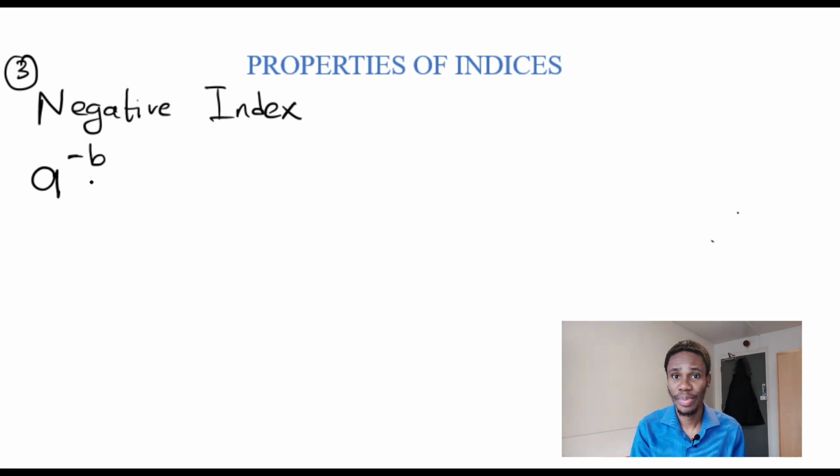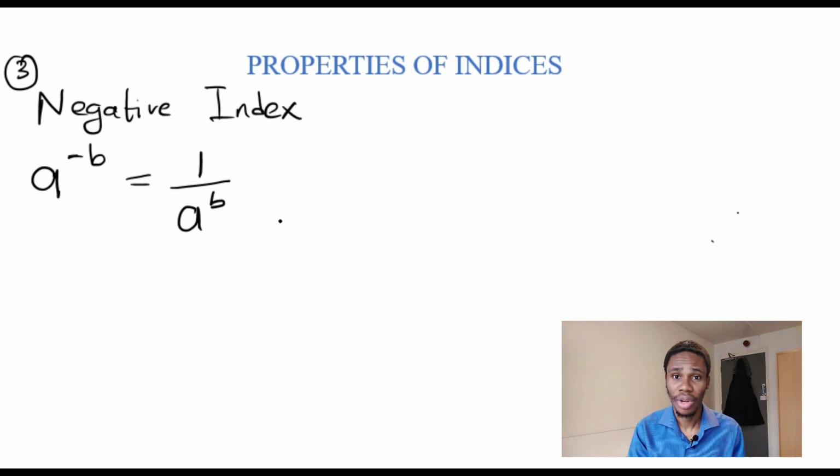So our index is b, but it's negative, so negative b. What the negative index property states is that if you have a variable a to the power negative b, it can be rewritten as the reciprocal of your variable a to the power the positive index, which is now b.